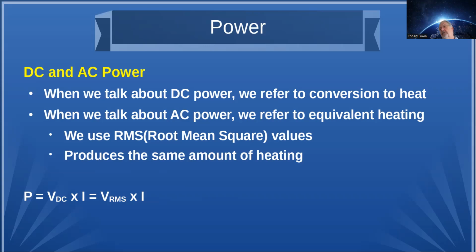But the area under the curve, which is what root mean square gives us, would be the equivalent of that same DC voltage. So the key is that an RMS voltage will produce the same amount of heating as DC.